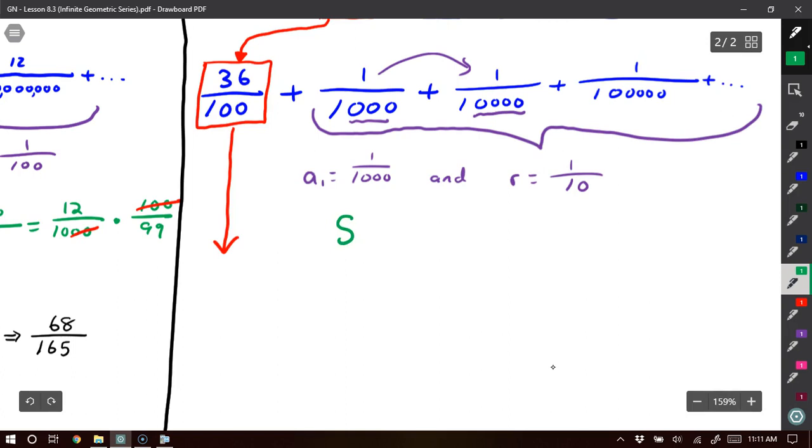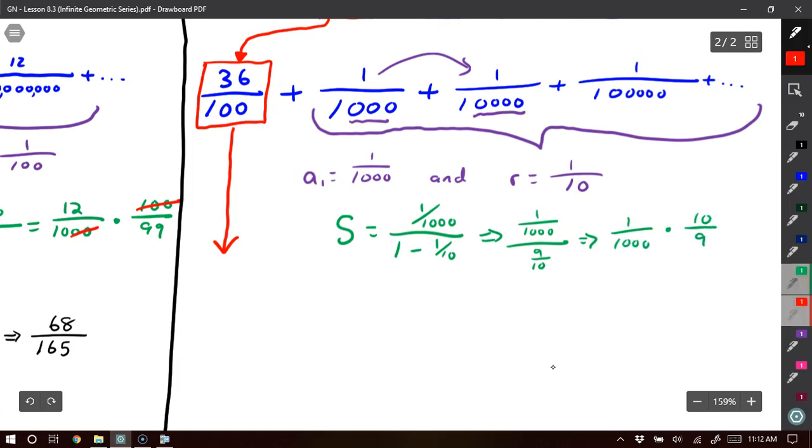My sum is my A1, 1 over 1,000, over 1 minus my ratio, 1 over 10. And so that's going to give me 1 over 1,000 divided by 9 over 10. Dividing by fractions, we're going to keep the numerator, and I'm going to flip and multiply with the denominator.